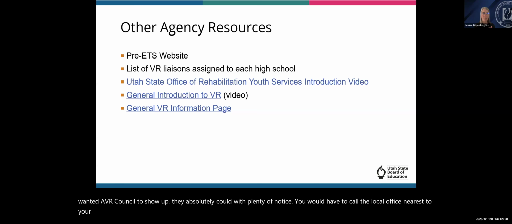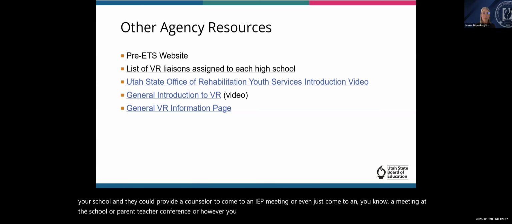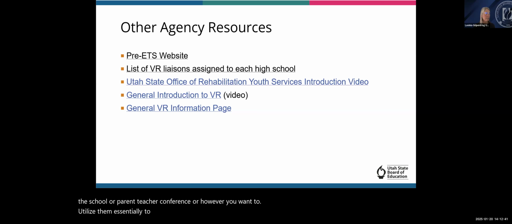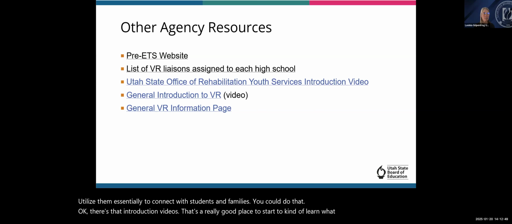And they could provide a counselor to come to an IEP meeting, or even just come to a meeting at the school, or parent teacher conference, or however you want to utilize them essentially to connect with students and families. You could do that. Okay, there's that introduction videos. That's a really good place to start to learn what VR does, that general introduction video and information page.